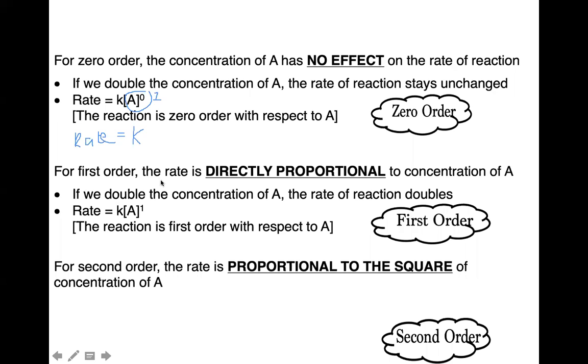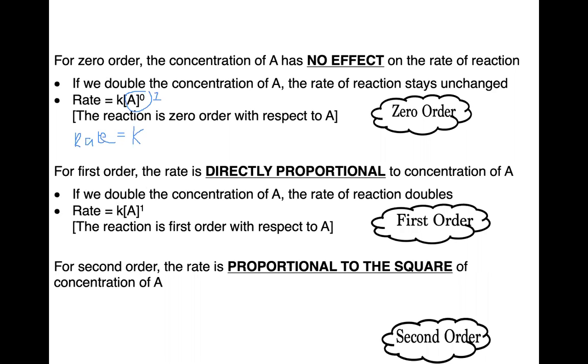Now for your first order. First order is where the rate is directly proportional to the concentration of your reactant. This makes sense and doesn't really contradict our prior knowledge. If I double the concentration of my reactant A, the rate of reaction also doubles.